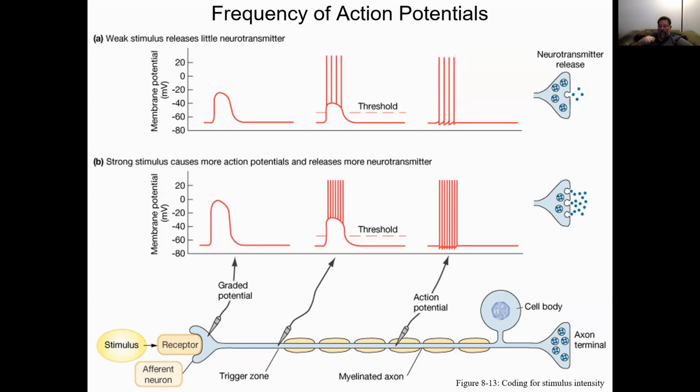The higher frequency of action potentials releases more neurotransmitters, which, if it's a muscle cell, results in more action potentials in the muscle cell. In doing so, that allows the calcium to stay out longer, allowing for the contraction cycle to take place. So that's just one example of this.